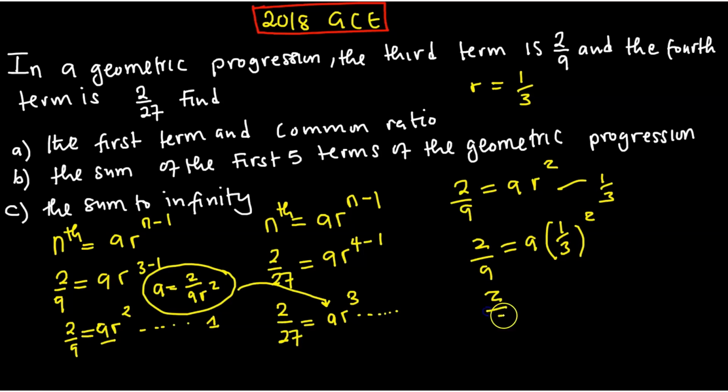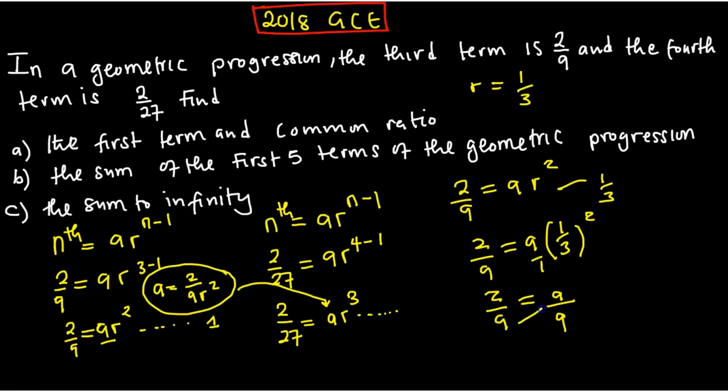So 2 over 9 equals A times 1 to the power 2, which is 1, so A multiplied by 1 is just A, over 9. So this is 9. Please, you should be able to distinguish A and 9.